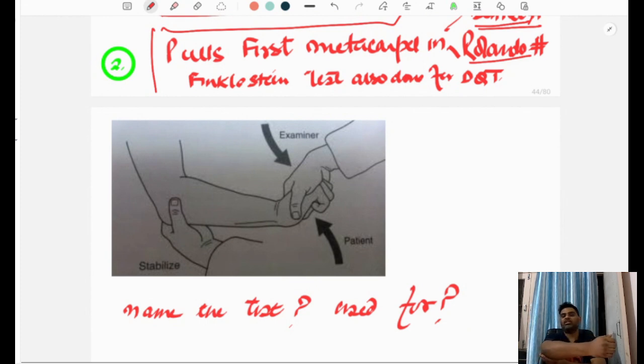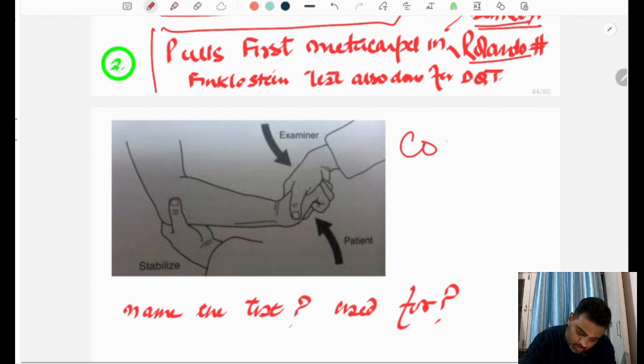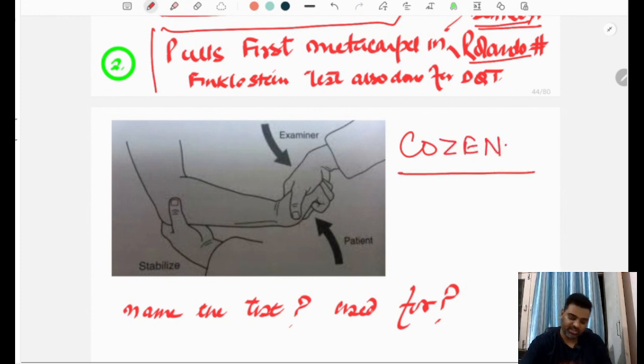You slightly flex the elbow, you stabilize it, and you ask the patient to extend the wrist, and you put pressure in the downward direction. If the patient feels pain in the lateral epicondyle region, this test is called positive. And what is this test? This is known as Cozen test.